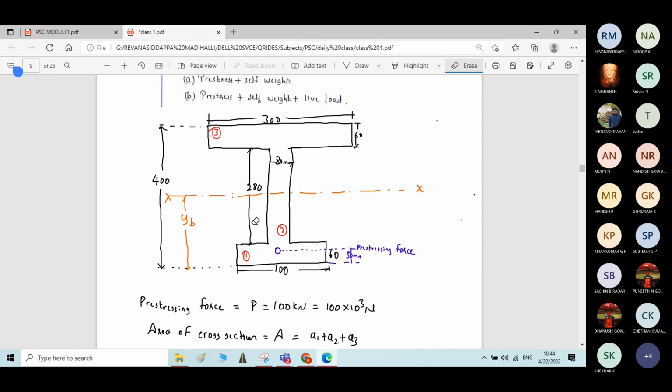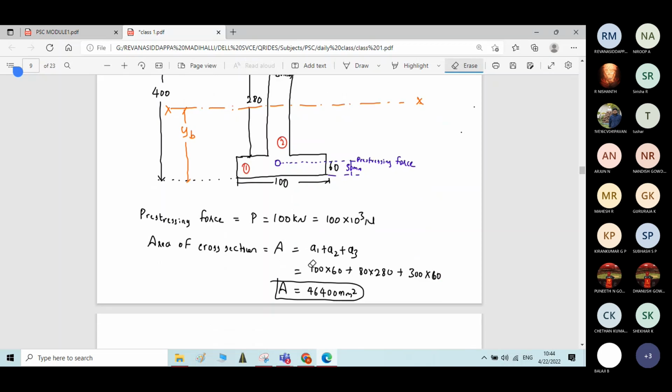It is an unsymmetric section. That is why you have to calculate this YB. You have to calculate centroid of this I section from the bottom fiber, or else you can also calculate centroid of the section from top fiber. I will be doing the calculation with respect to bottom fiber only.